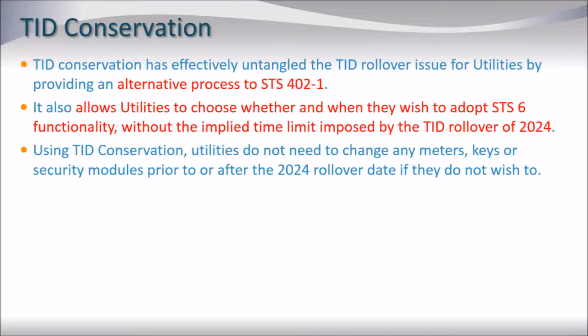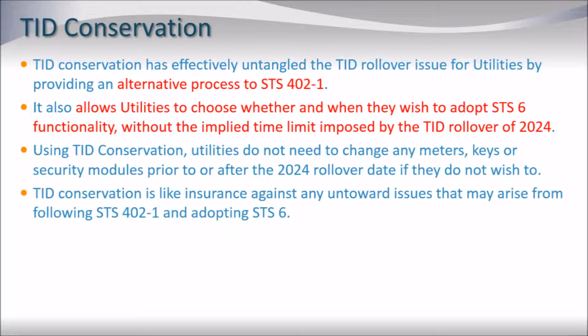Using TID Conservation, utilities don't need to change any meters, keys, or security modules prior to or even after the 2024 rollover date if they don't wish to. TID Conservation is like insurance against any untoward issues that may arise from following STS 4021 and adopting STS 6.